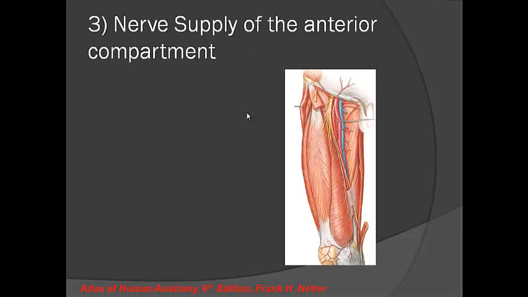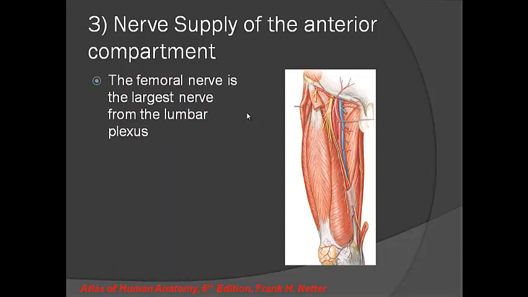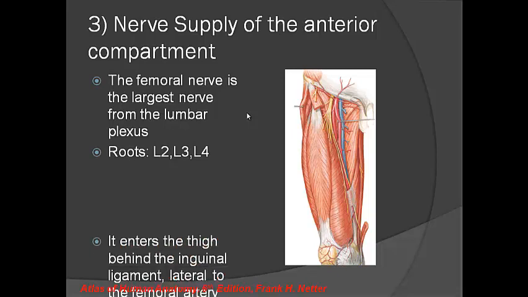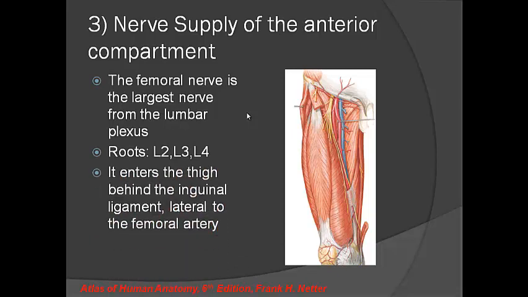Next, we're going to look at the nerve supply of the anterior compartment, and this comes from the femoral nerve. The femoral nerve is the largest nerve that comes from the lumbar plexus, and it has its roots coming from the spinal segments of L2, L3, and L4. And similarly, it enters the thigh behind the inguinal ligament, and in terms of position, it's usually found lateral to the femoral artery.